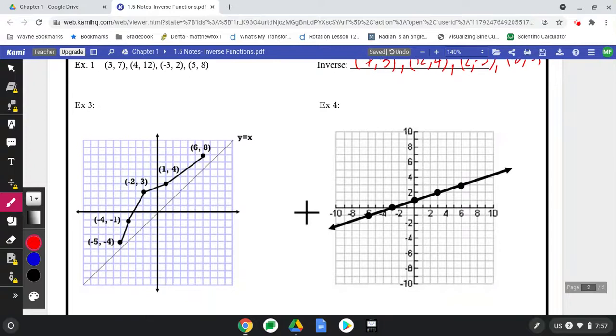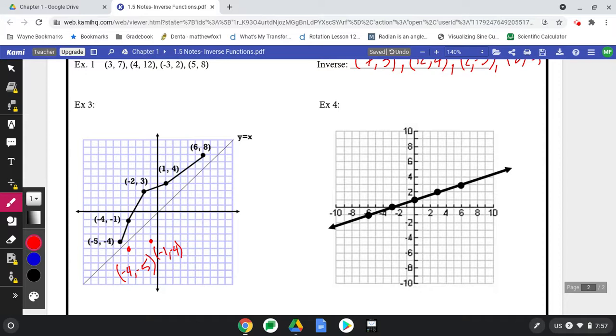So if we look at this first function, -5, -4. The inverse of that, -4, -5. So 1, 2, 3, 4, down 1, 2, 3, 4, 5. On to the next one. -4, -1 becomes -1, -4.